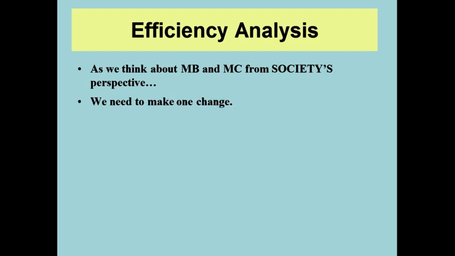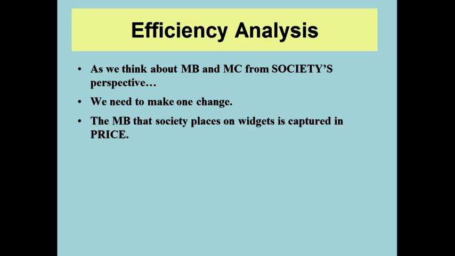But now we need to make one change when we're looking at society. The marginal benefit that society places on widgets is captured in price. So I don't need to call it marginal benefit. I can simply look at price, right? The price that the market determines we should pay for widgets reflects society's marginal benefits.